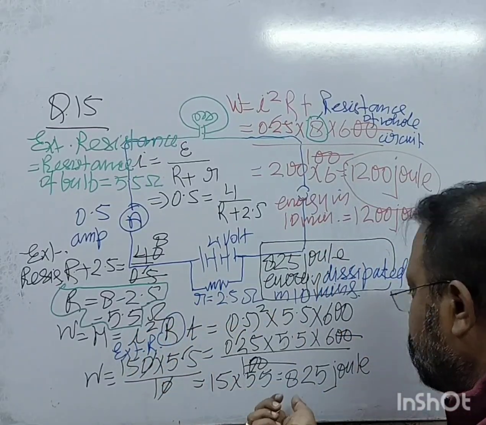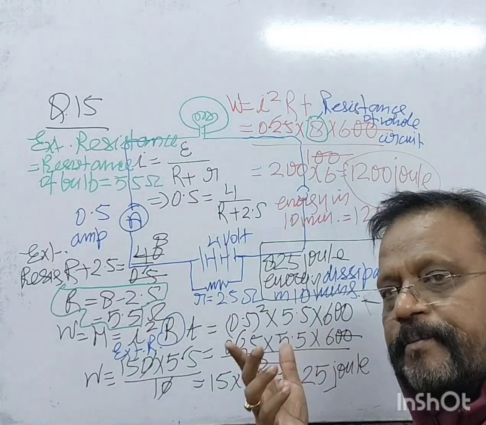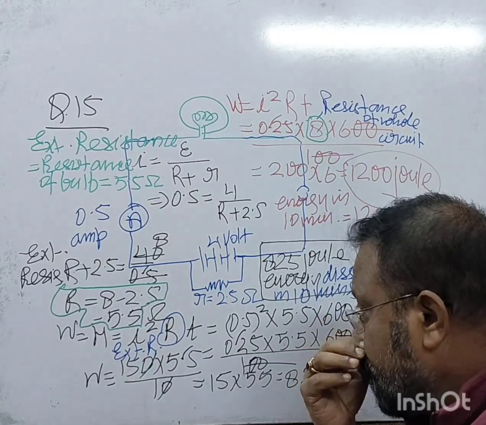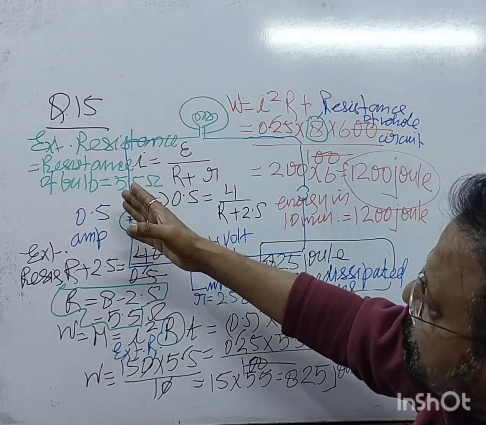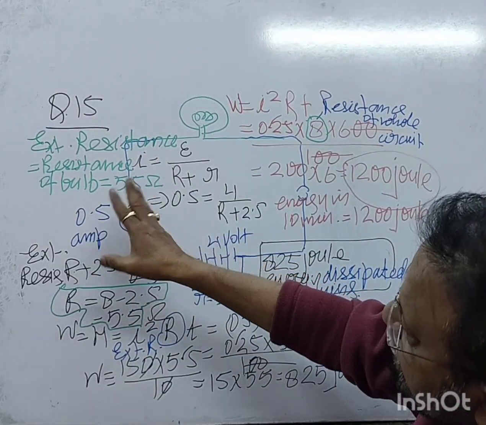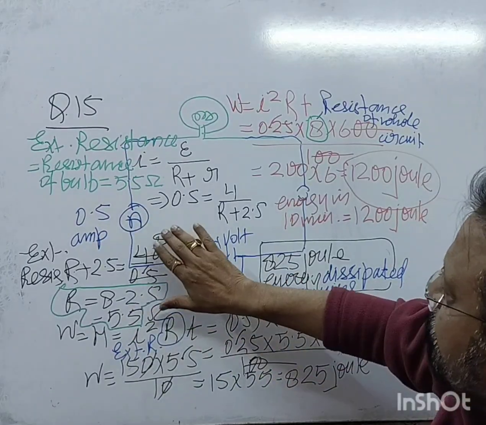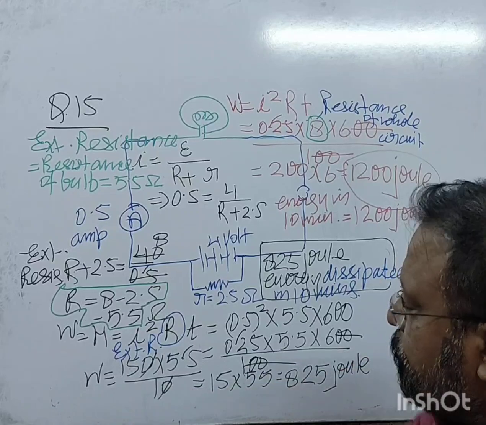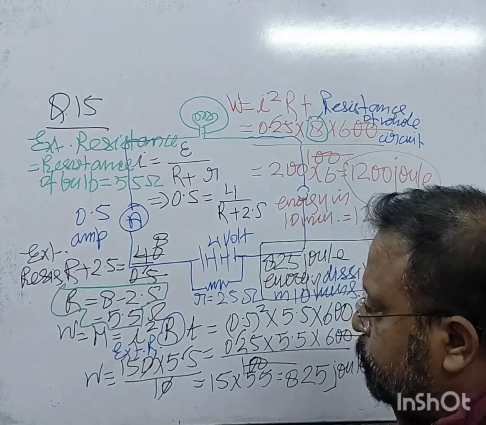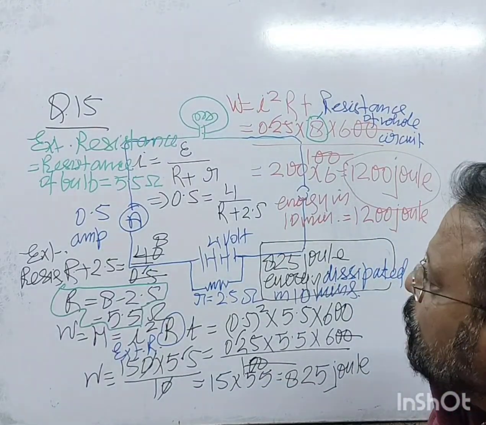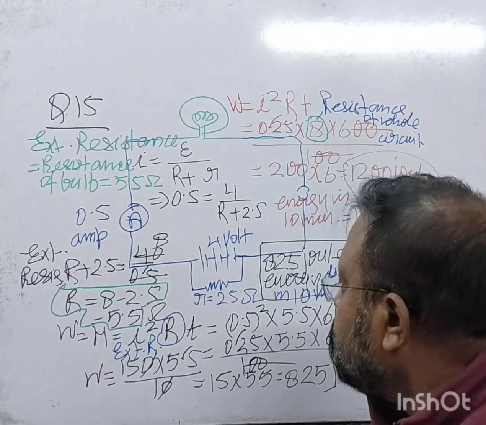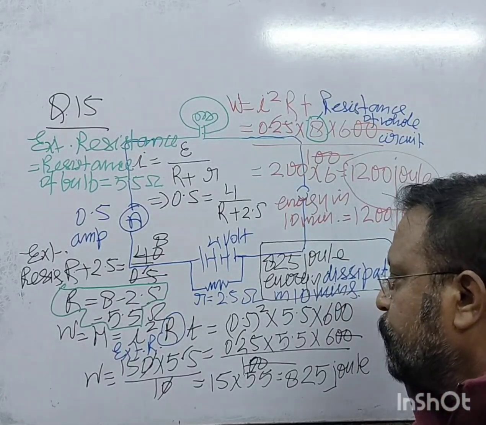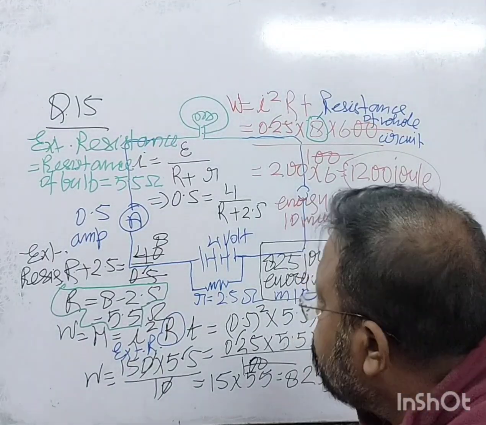We use this and we get 825 joule energy is dissipated in 10 minutes, and external resistance is equal to resistance of bulb. We got it by this formula, calculating and getting the value 5.5 ohm, right? This was question number 15.